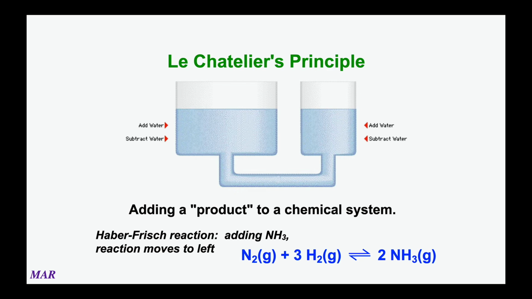The reaction moves to the left to try and compensate for it. If you add ammonia to a reaction, you're going to end up making more relative amounts of N2 and H2. So again, Le Chatelier's principle, you add something, reaction shifts to the opposite side of what you added. This would be a shift to the left. We added a product, it shifted to the reactant side.